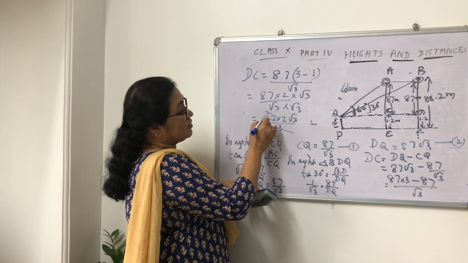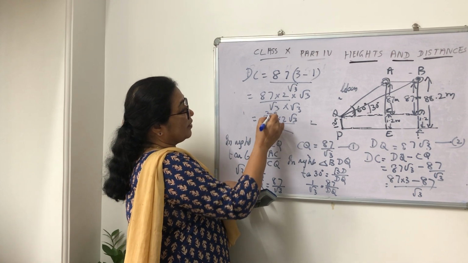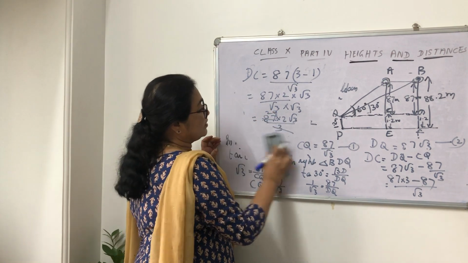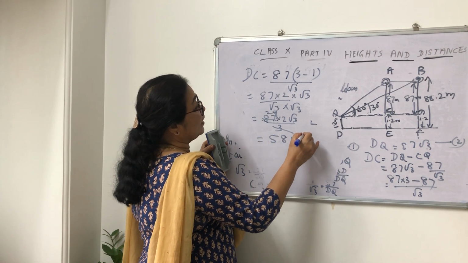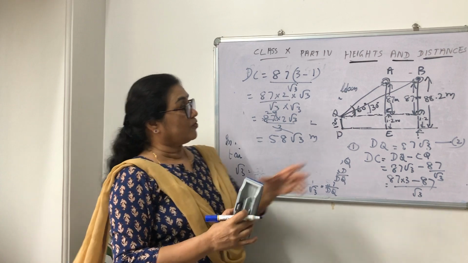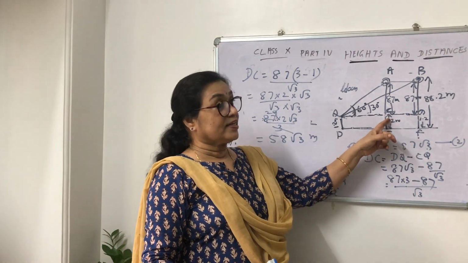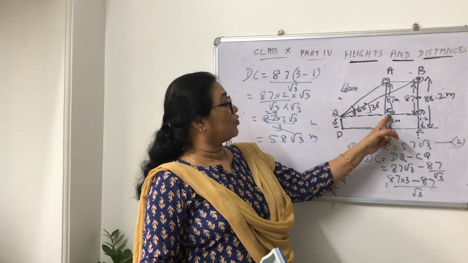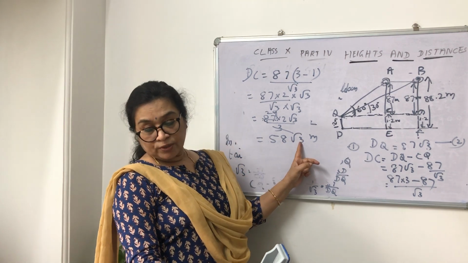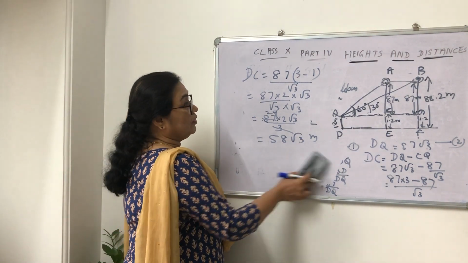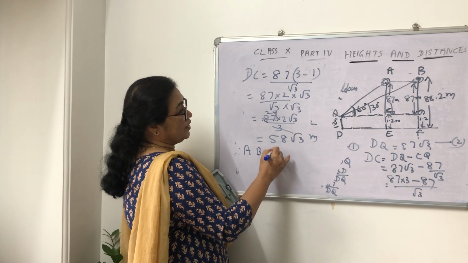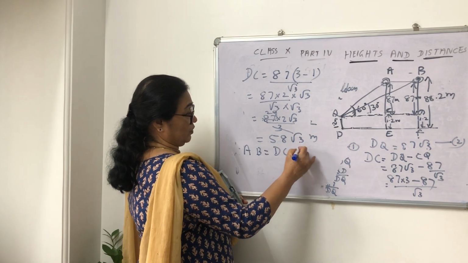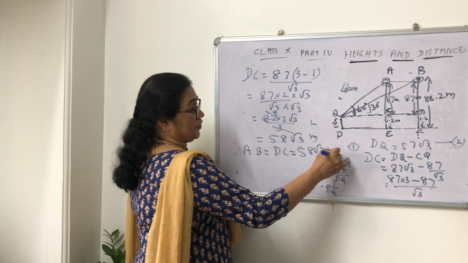3 2s are 6, 9. So it is 58 root 3 meter. Therefore DC is equal to 58 root 3. Therefore AB, which is also equal to DC, is 58 root 3 meter.